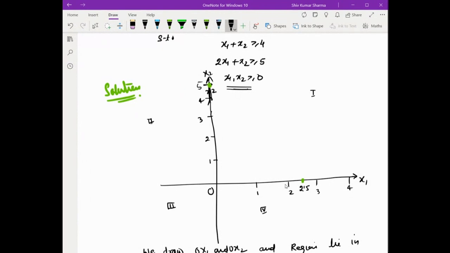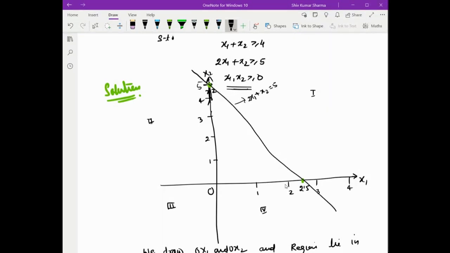We draw this line, which shows 2x1 plus x2 equal to 5.